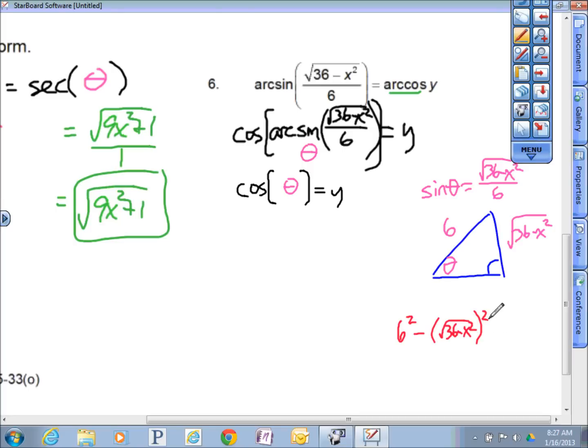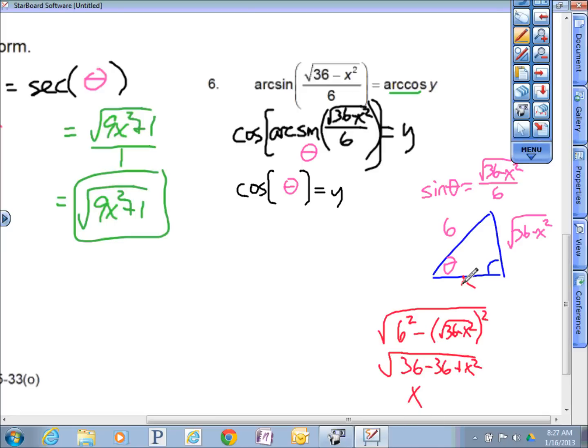If I put all that underneath the square root, I'd have what this third side is. So this looks like 36 minus 36 plus x squared. The 36s drop out. What I really have is the square root of x squared. Looks like this third side is ultimately going to end up to be just a plain old ordinary boring x.